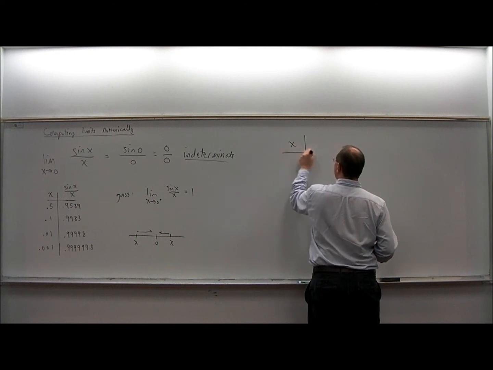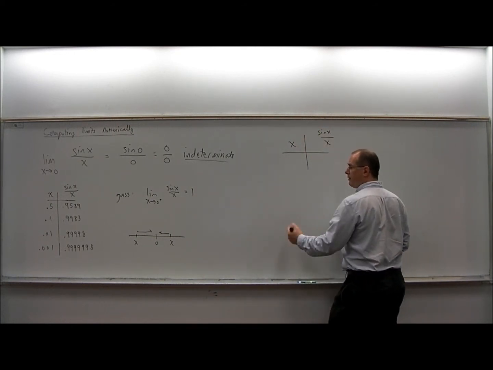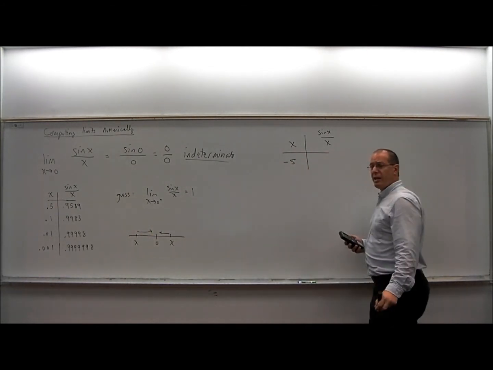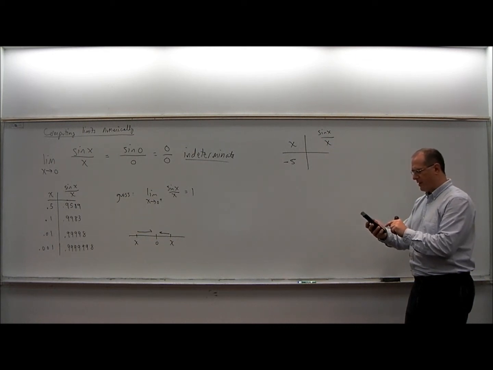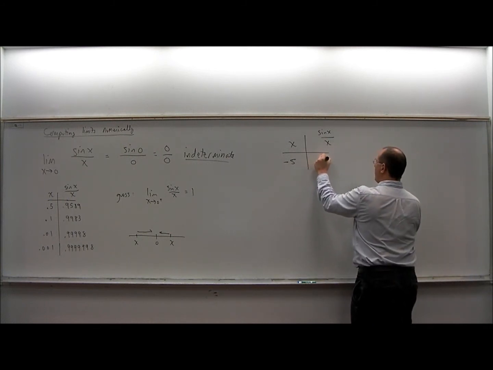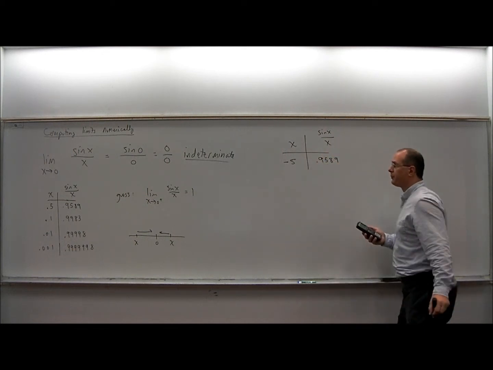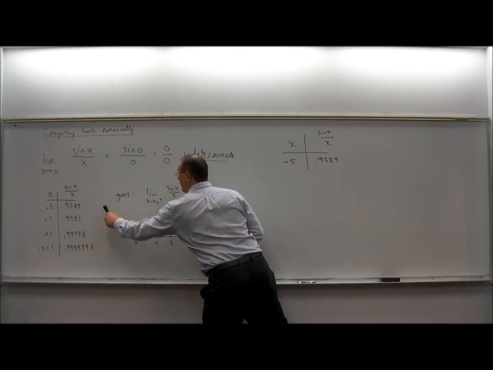So for sine x over x, instead of picking 0.5, which is on the right of 0, let's pick negative 0.5, which is on the left of 0, and try the sine of negative 0.5 divided by negative 0.5. And I'm getting 0.9589. Oh, that's the exact same value that we had there.